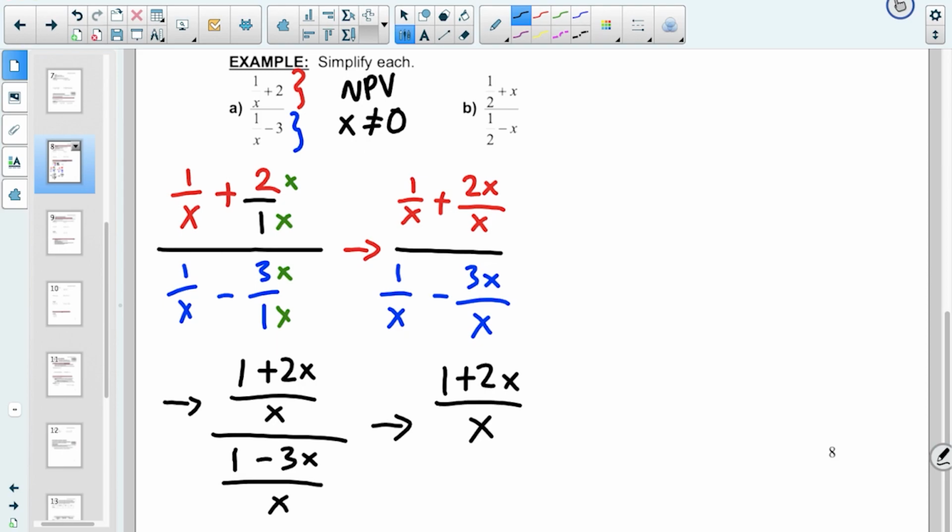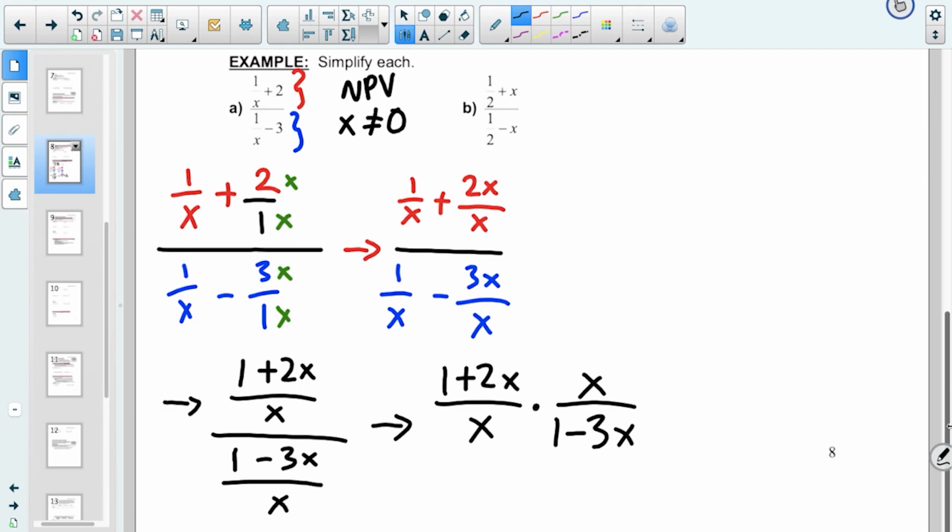But now instead of dividing by that bottom fraction, we're now going to multiply by the reciprocal of our bottom fraction. Now this becomes x over 1 minus 3x.